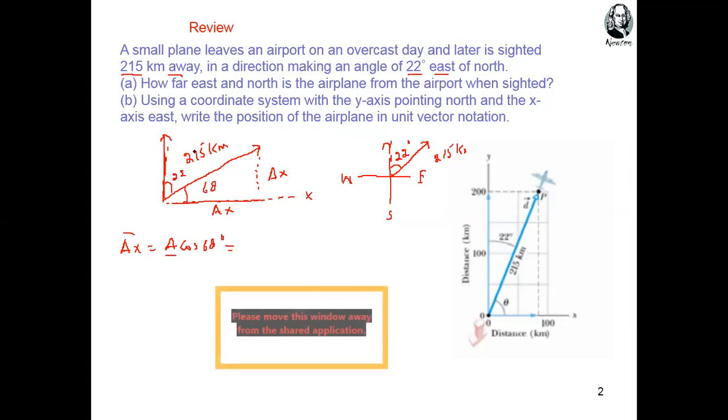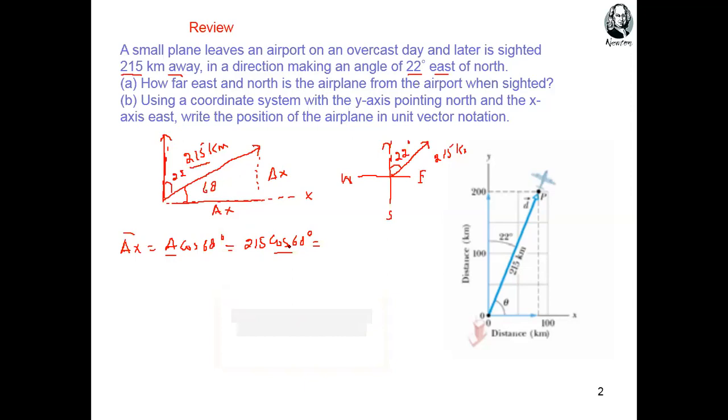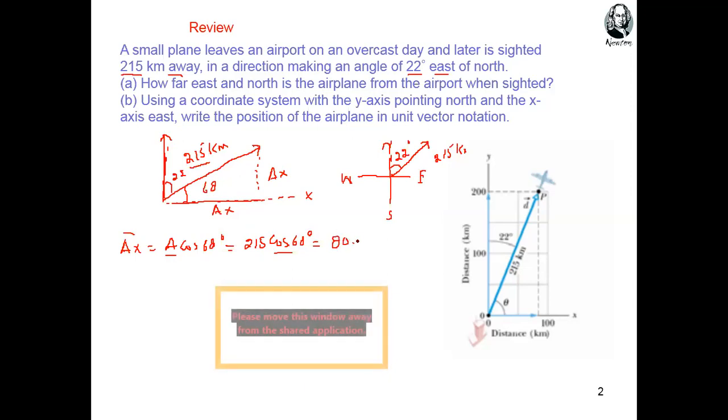A is the length of this one, the original vector, 215 kilometers. So 215 into cosine of 68 degrees. First find cosine 68 degrees, multiply with 215, and we get 80.5 kilometers. This is the x component, this side.